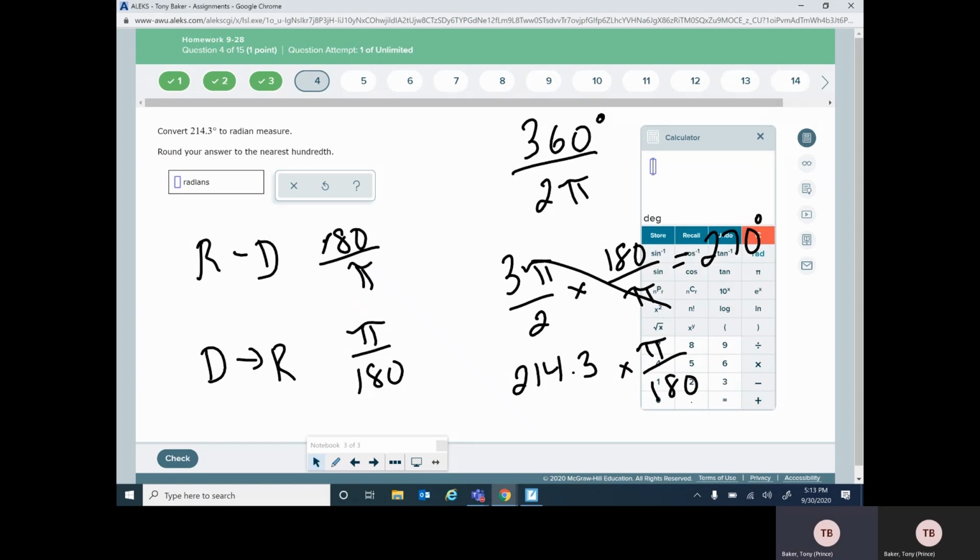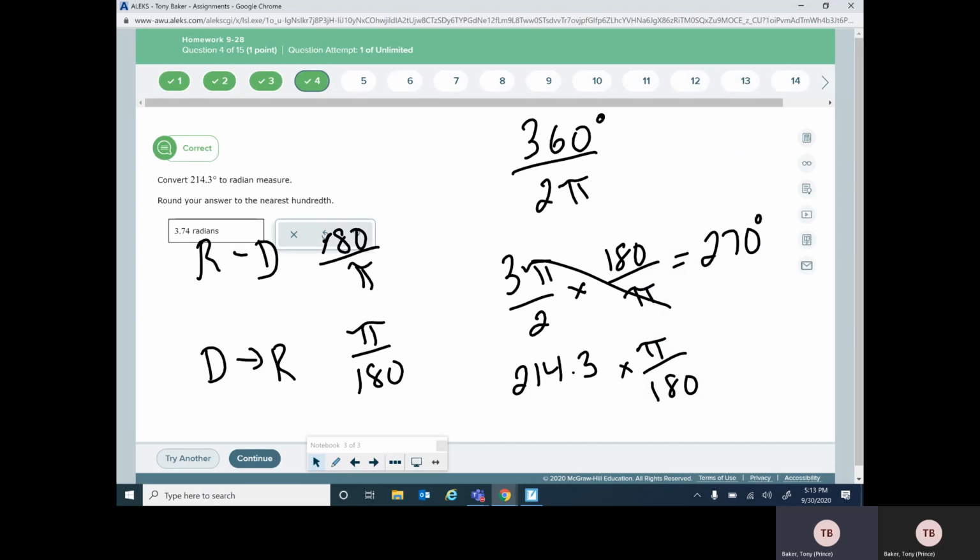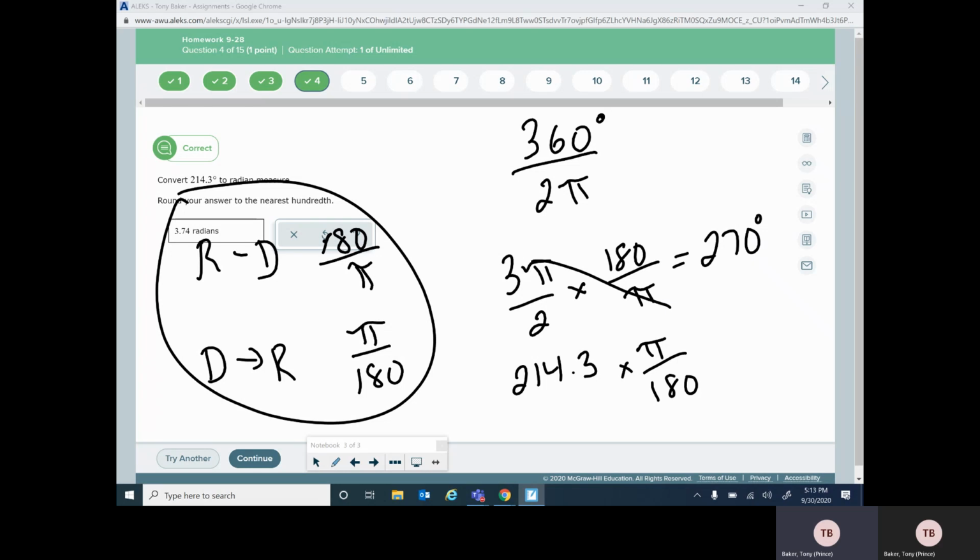So I'm going to do 214.3 times, using the pi button, divided by 180. For this case, we want the nearest hundredth, so I get 3.74 radians. So this right here is the formulas you need to be able to do those two conversions.